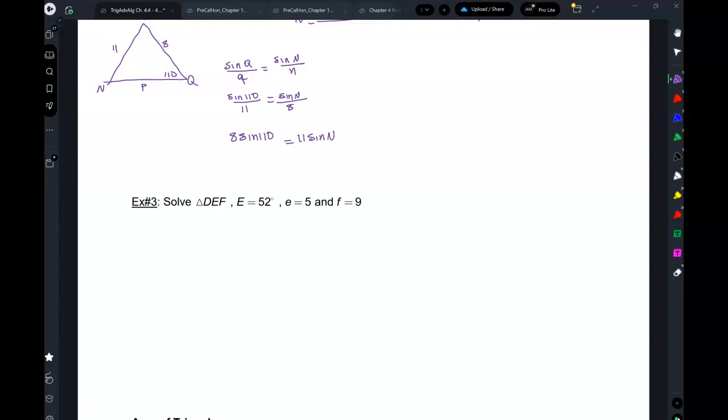Right? What do I divide by? 11. Divide by 11. So sine n is equal to 8 sine 110 over 11.